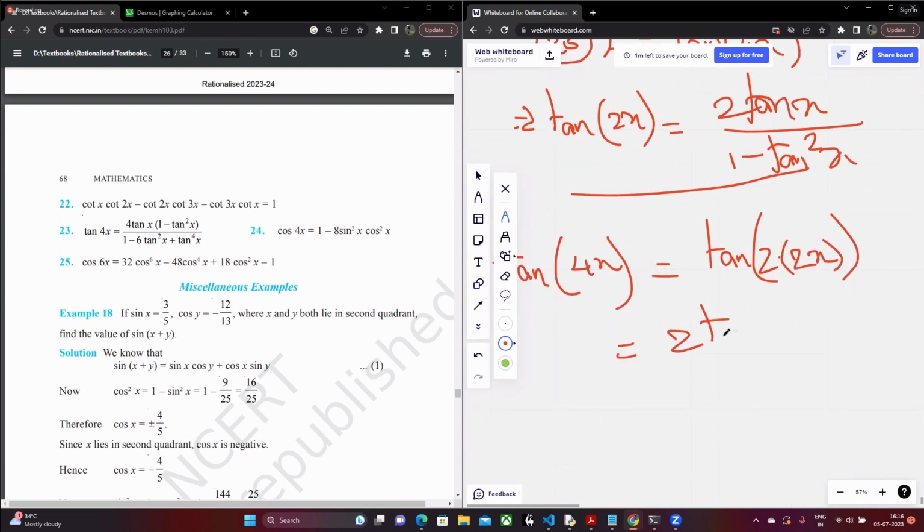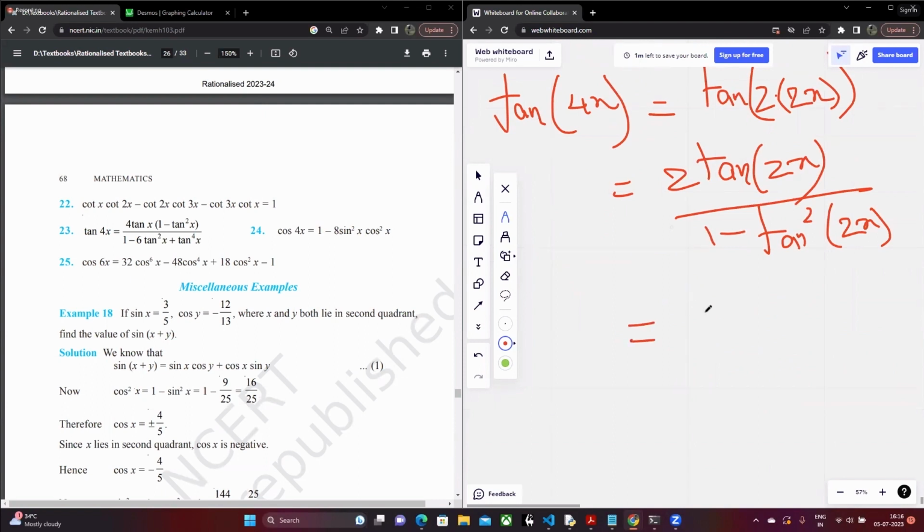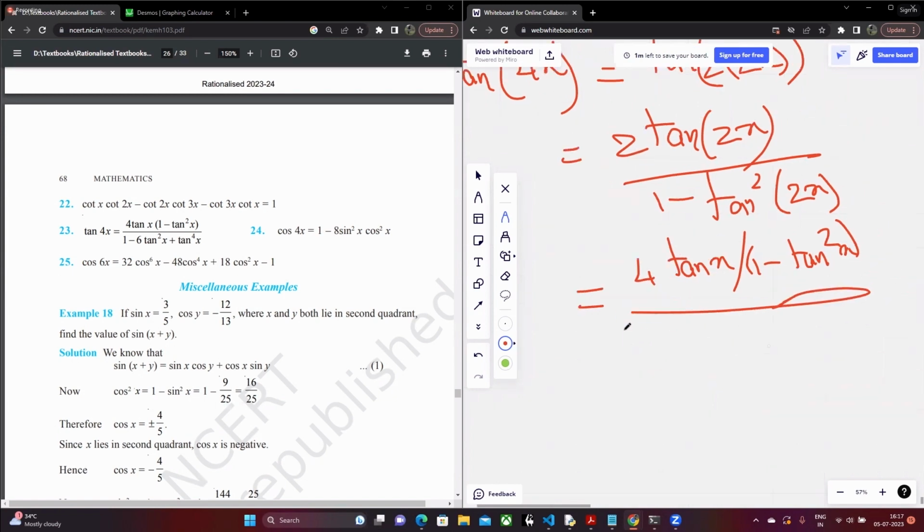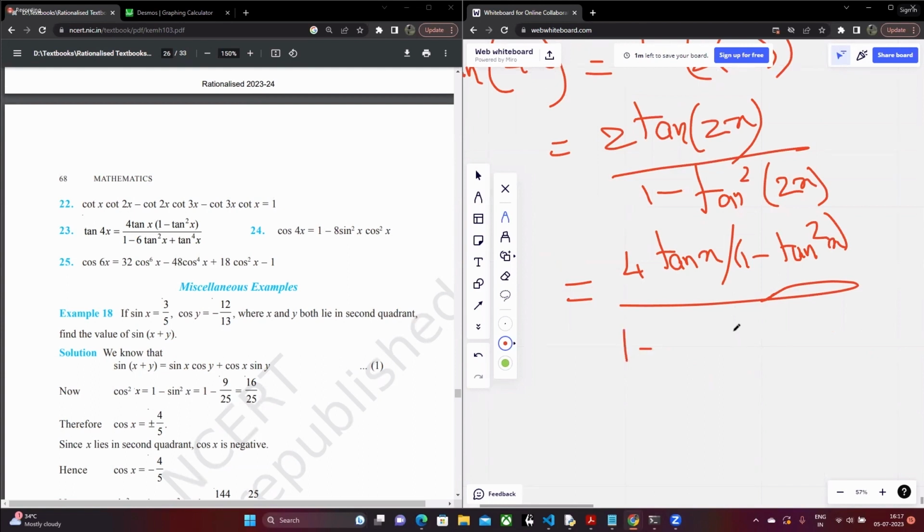Which is basically 2 tan of 2x divided by 1 minus tan squared 2x, which can further be written as 4 tan x by (1 minus tan squared x) divided by 1 minus (2 tan x by (1 minus tan squared x)) the whole squared.